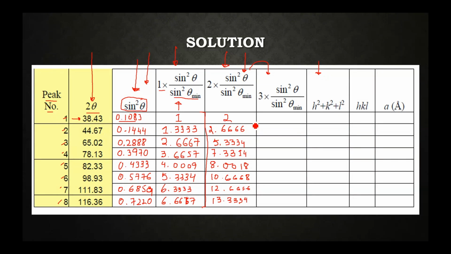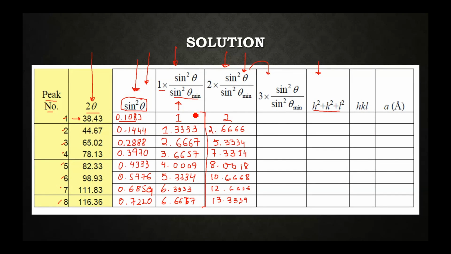That is the deciding criteria. If all the values, for all the peaks, are whole numbers or almost whole numbers, then you would not multiply by 3 and would directly round off the values and write the whole numbers in the h square plus k square plus l square column. But let's multiply the values by 3 and see the difference between the two columns.